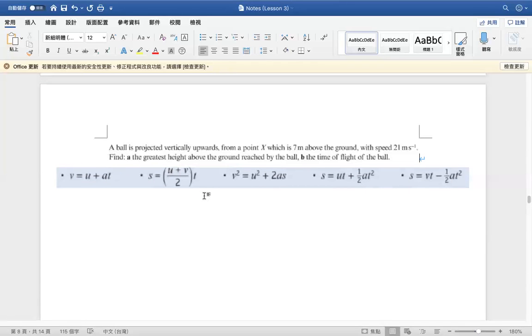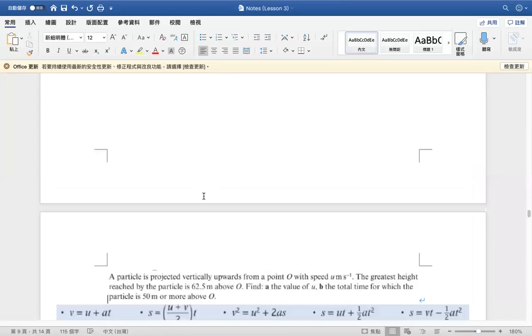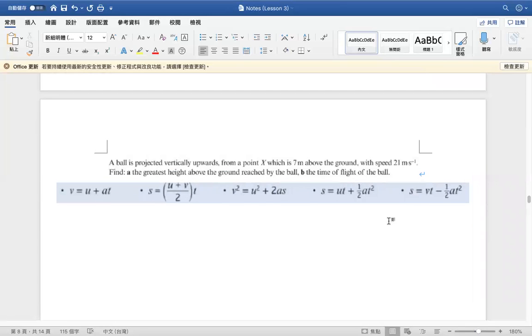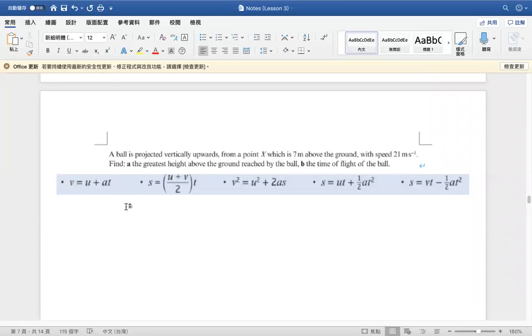Let's think about when the particle will reach the highest height. The particle will reach its highest height when the velocity is 0. Can you get why? It's the turning point.